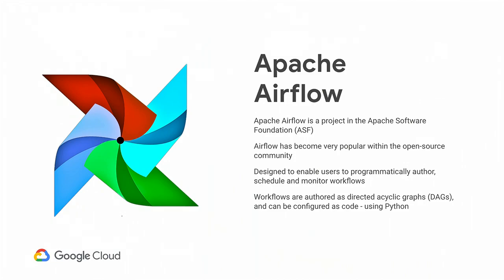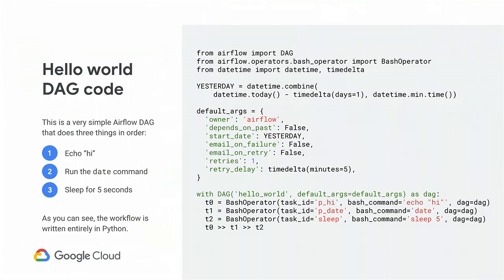Workflows are essentially expressed as directed acyclic graphs. That's why, if you come from the Airflow community, you have probably heard people talking a lot about DAGs. DAGs really are essentially just workflows. This is an example DAG, a Hello World-ish workflow.